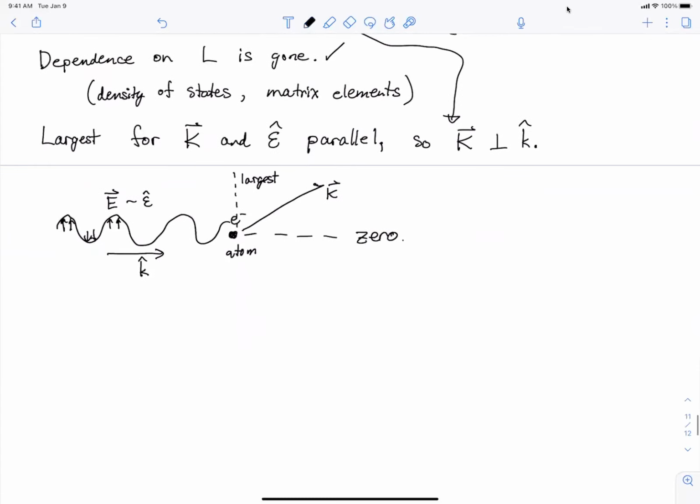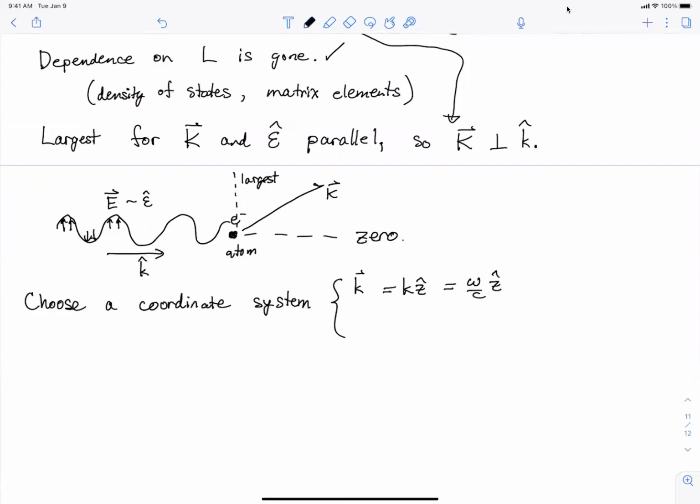Okay, so to understand this a little bit better, let's choose a coordinate system. Notice this coordinate system that we're about to choose is different from the coordinate system we used to evaluate the integral. Where for evaluating the integral, we took little q to be along the z direction, and now we're going to say, no, let's not use that coordinate system. Let's use one where the photon direction, k, is along the z direction.